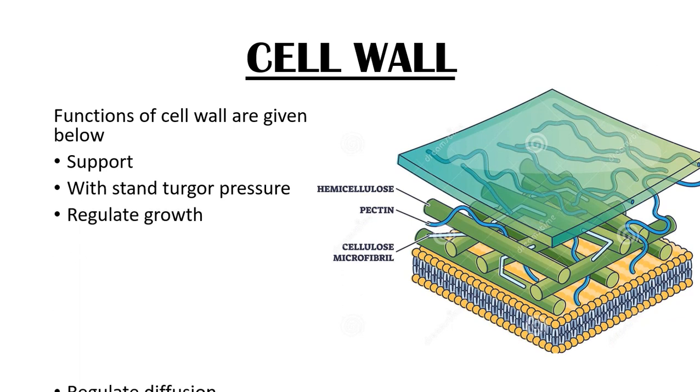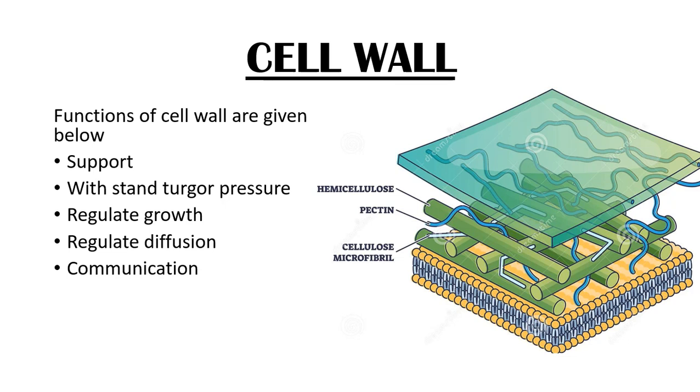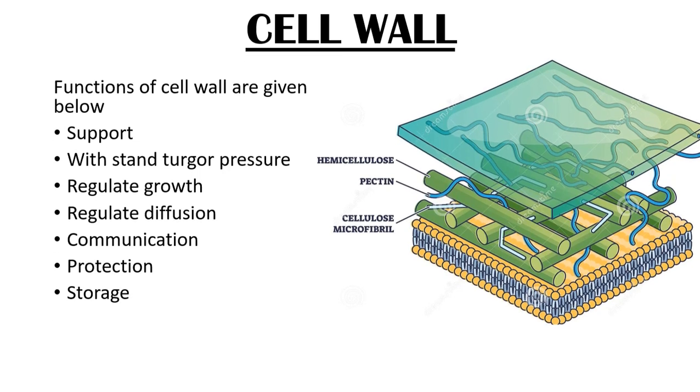Cell wall regulates growth. Cell wall regulates diffusion through small pores present in the plant cell. Cell wall communicates through plasmodesmata. Cell wall provides protection against many pathogens or viruses or diseases. Cell wall acts as a storage material because it stores carbohydrates.